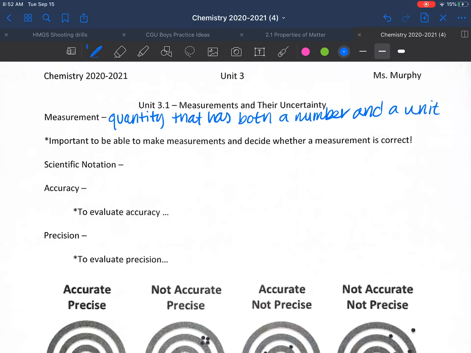And so one of the main ways that we express our numbers is using scientific notation, which gives the number as a product of two numbers. And remember, product has to do with multiplication.